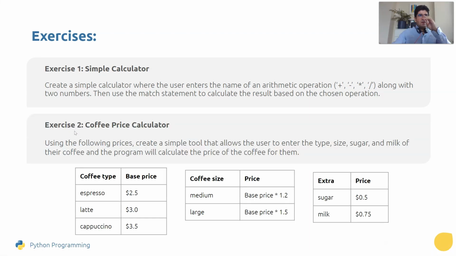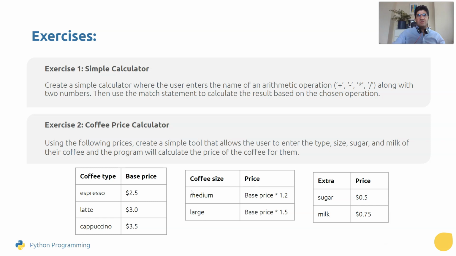And the second exercise is a coffee price calculator. Using the prices that we provide here, create a simple tool that allows the user to enter the type, size, sugar and milk of their coffee, and the program will calculate the price of the coffee for them. The user can select a coffee type, for example espresso, latte or cappuccino, and the base price is here, and then they can choose the size of the coffee, medium or large.